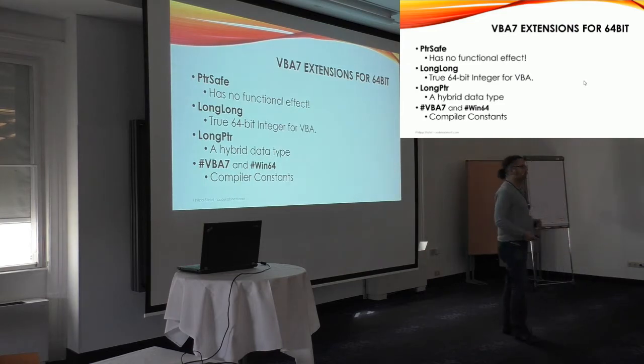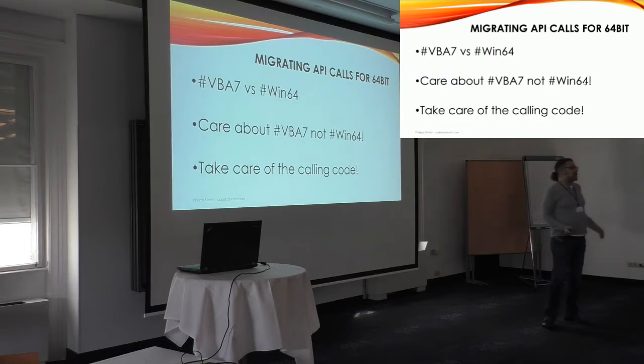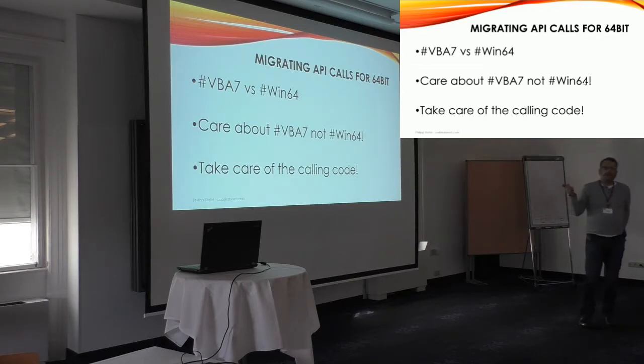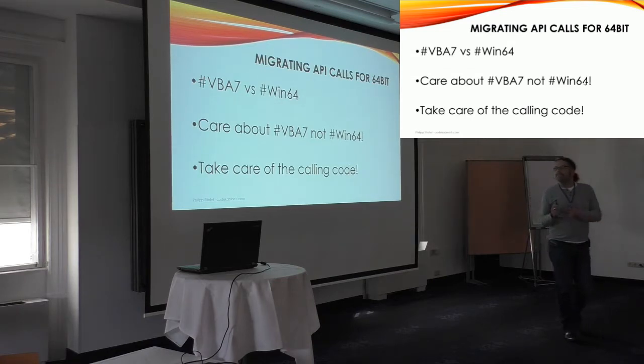No, it's not. In almost all cases, it is not. Because unless you support very old Access versions, before Access 2010, that do not use VBA 7, you do not need to care about that quite a lot.